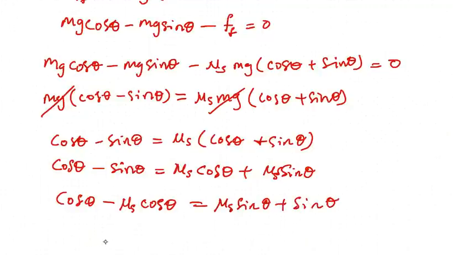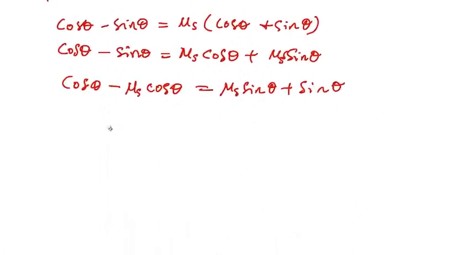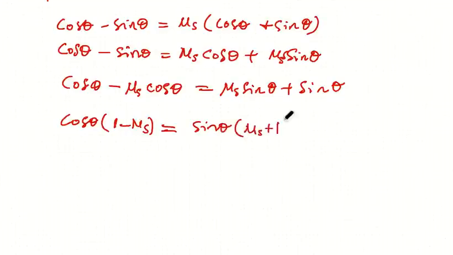Simplifying further, cos theta times 1 minus mu s is equal to sin theta times mu s plus 1.